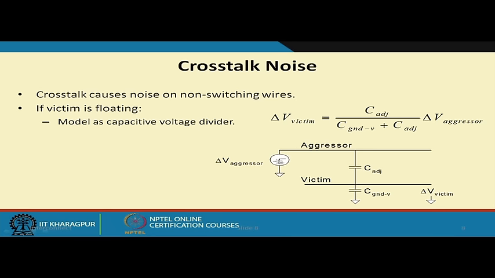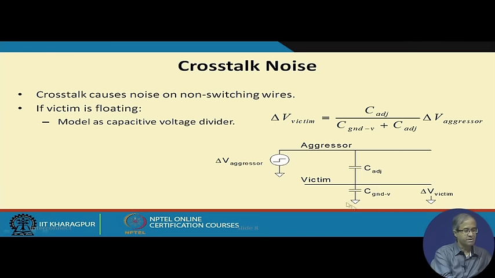Now, suppose the aggressor changes the voltage by an amount delta V aggressor. How much will be the corresponding change in the voltage on the victim here? It is a simple capacitive equation.